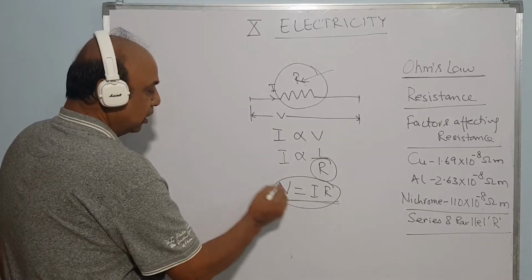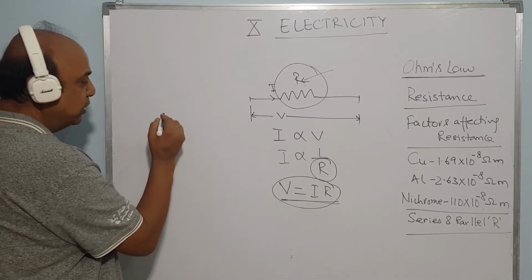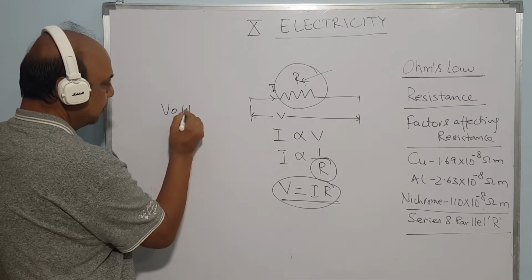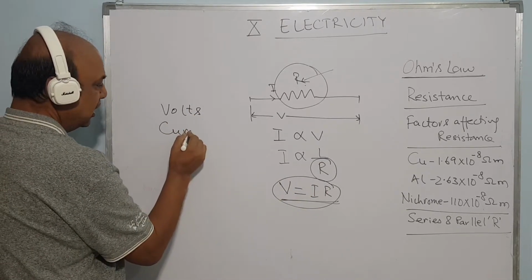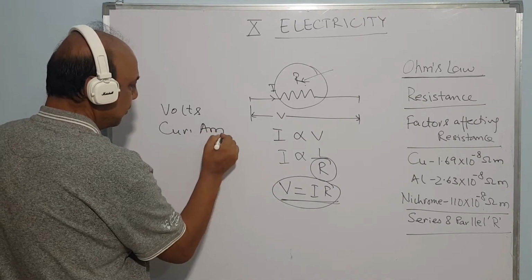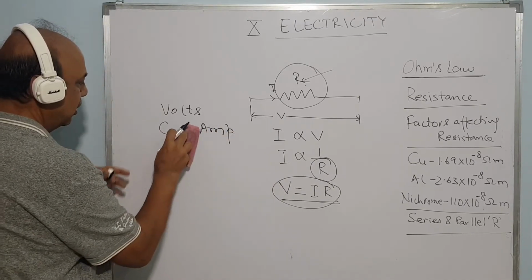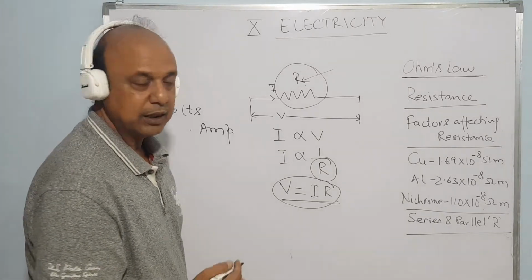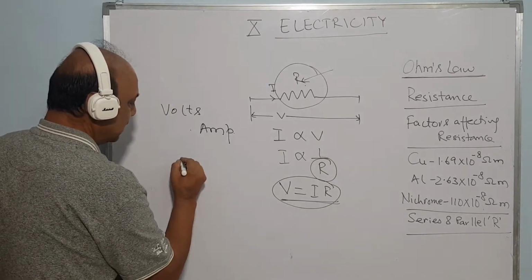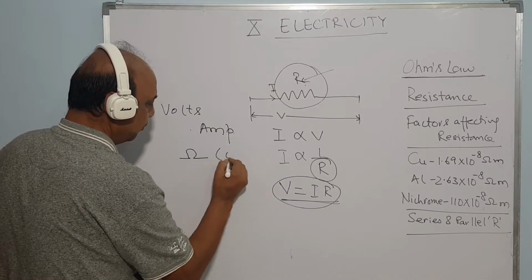The unit of V, as we said, is volts. Unit of I, current, is ampere. The unit of resistance is named after the famous scientist Ohm and is written as Ohm.